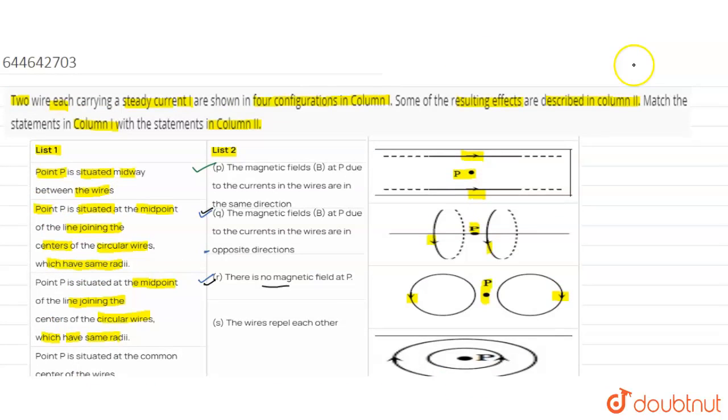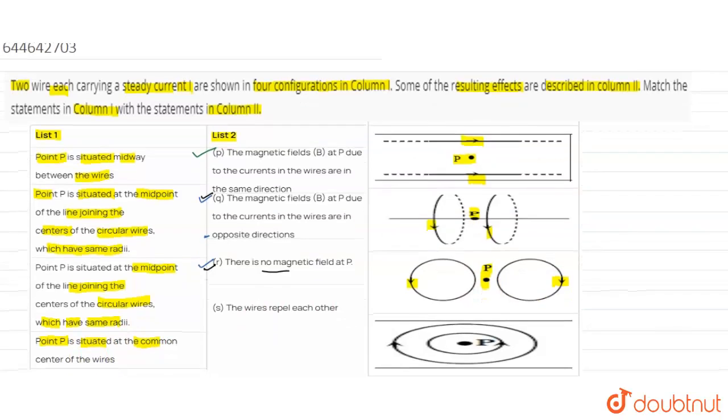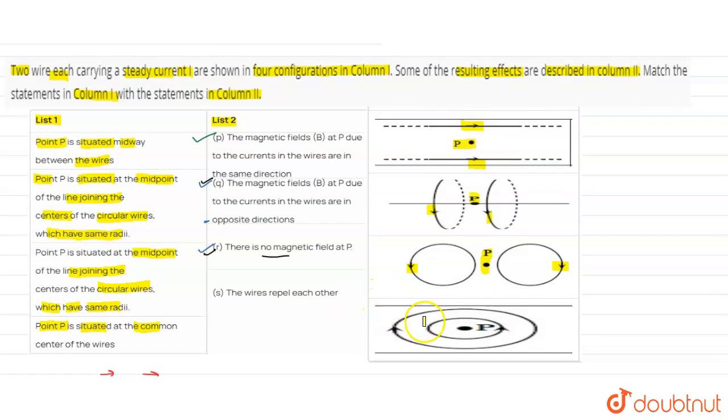So here the fourth configuration is given, that is point P is situated at the common center of the wires. As we can see, this is wire 1, this is wire 2, and between them is the point P, which is situated at the center of both wires.